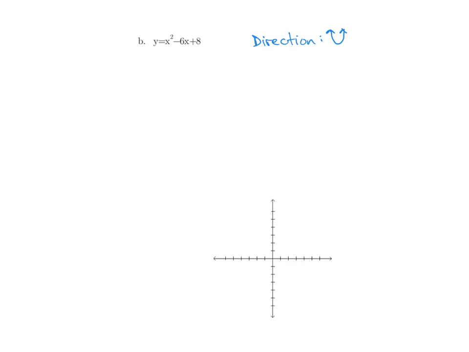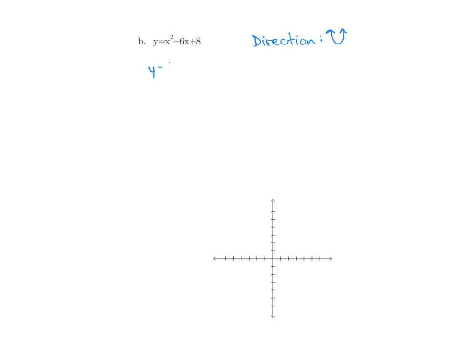Okay, so now we need to actually get down to our computations. The first thing I want to find is my y-intercept. In order to find my y-intercept, remember that intercept always means something's equal to 0. Since we're looking for the y-intercept, I want to plug in 0 for x and simplify.